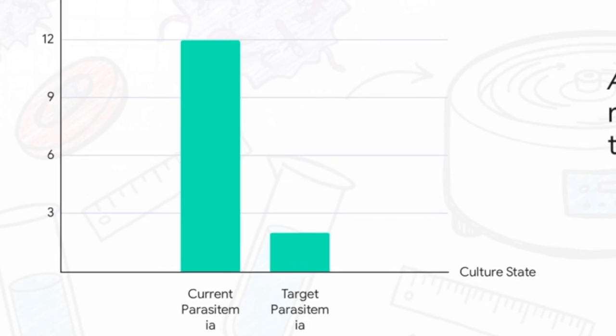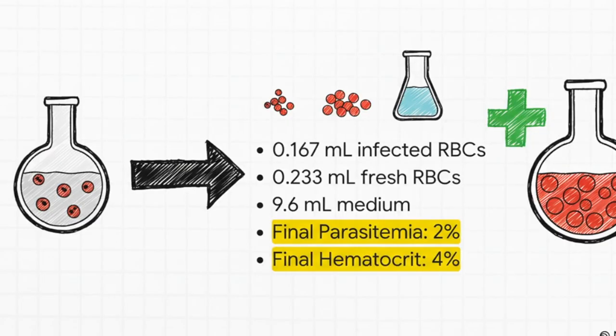So for this, we're also tweaking the hematocrit. We're going for 4%, just a little lower than the 5%. This gives them plenty of fresh cells to invade, but keeps the culture from getting too dense while it's recovering. It's all about giving that struggling culture the absolute best chance to bounce back.